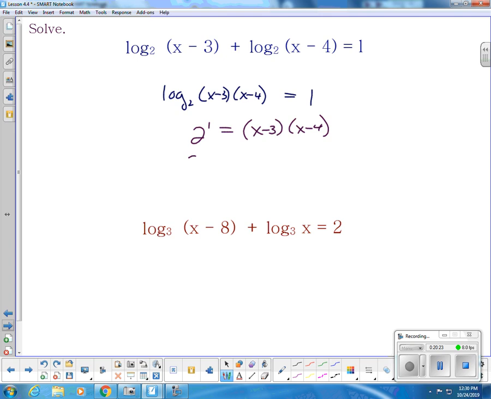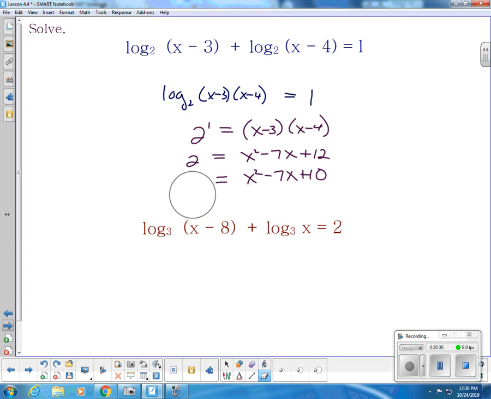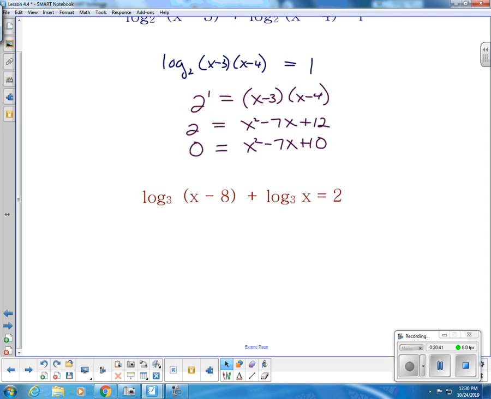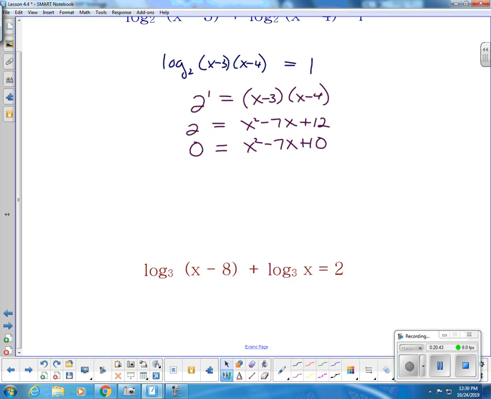And you have, again, a quadratic. All right, so if you have more than one log on one side, combine them and factor. So your x equals 5 and 2.